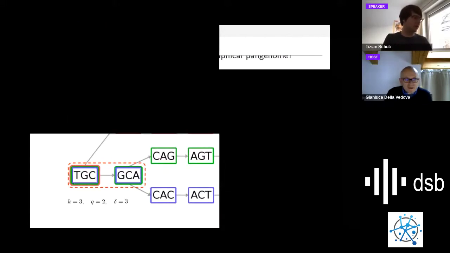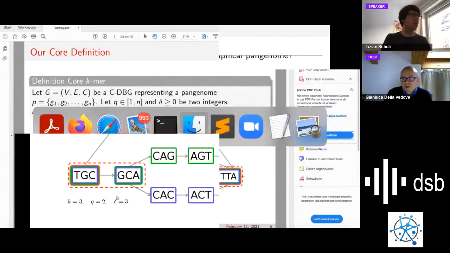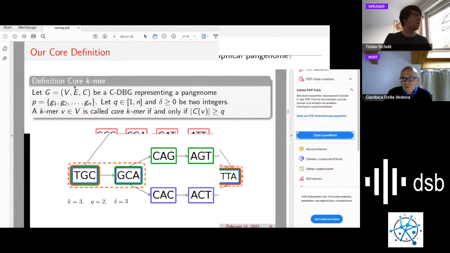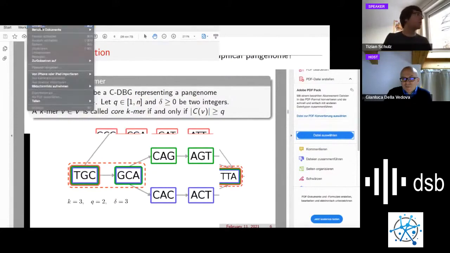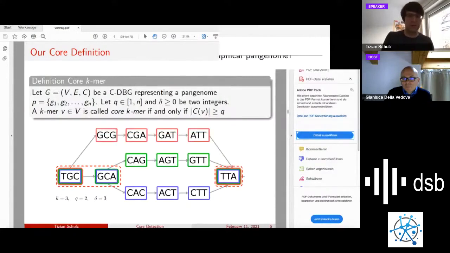Let me try if I can just use a different PDF viewer. Yes, try to use a different PDF viewer and see if it works.